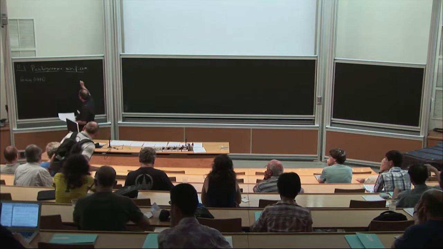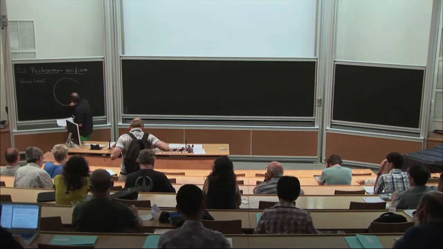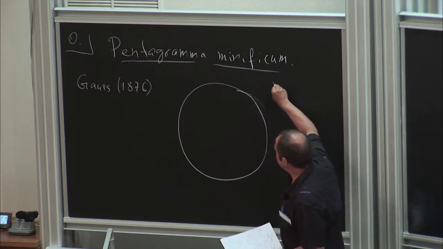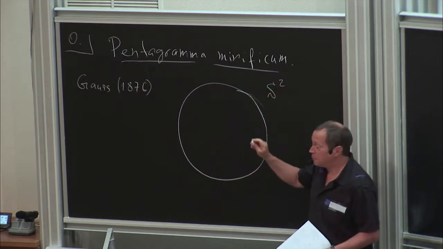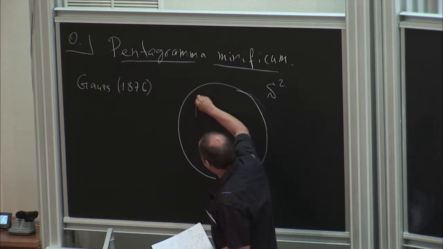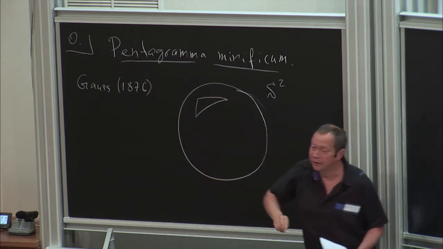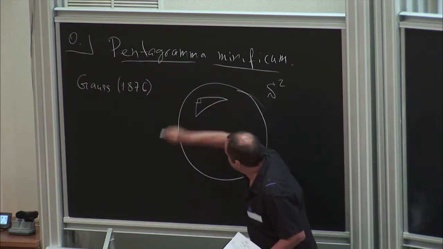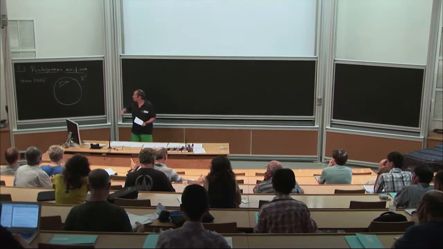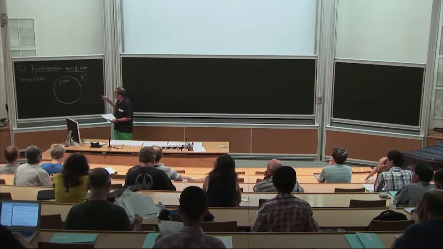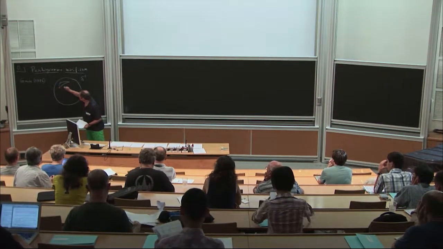So following other people, for instance, Napier, Gauss considered a two-dimensional sphere and a rectangle triangle on it, a spherical triangle. And so, inspired by some Pythagoras ideas, he studied the geometry related to it.